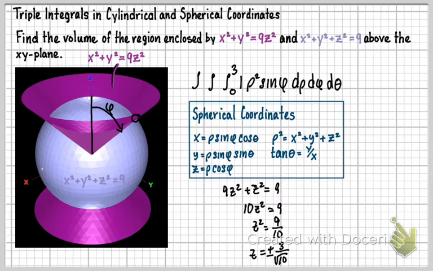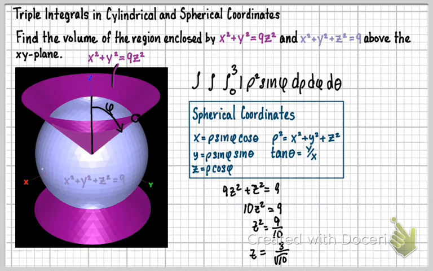So now keep in mind here, that'll be this point we see here and also this one down here, that would be the negative z value there. But we don't need the bottom one because it says above the xy plane. So we don't have to worry about that bottom one, just the top one there. So that means we're not going to have to deal with the signs here. So we're looking at z equals 3 over square root of 10.